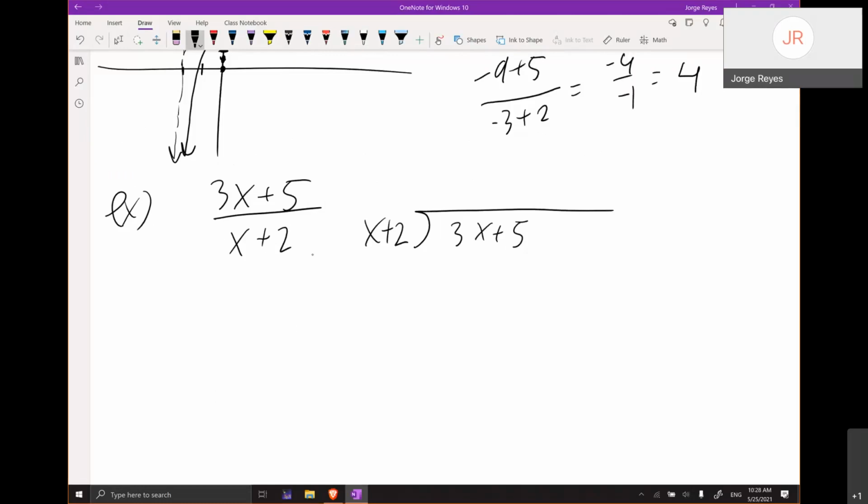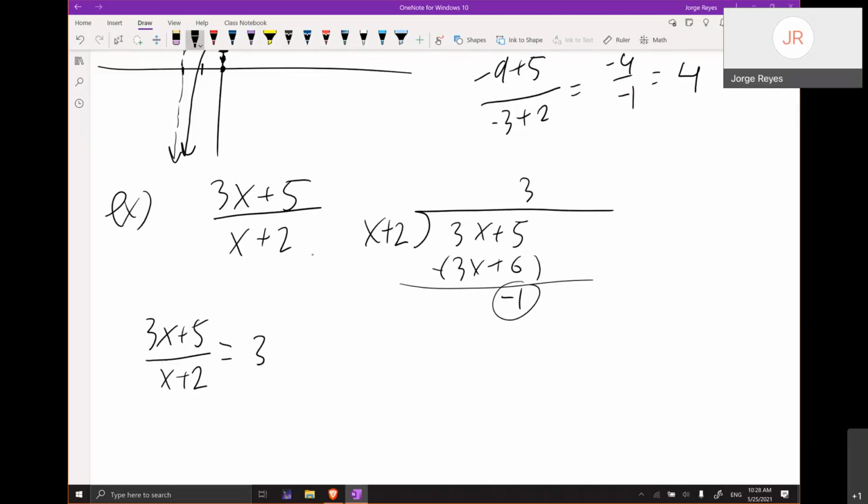I'm going to long divide. So we see that we get this. This is the remainder. So we know 3x plus 5 divided by x plus 2 is equal to 3 minus 1 over x plus 2.